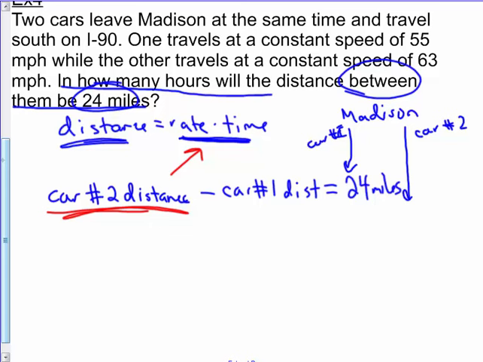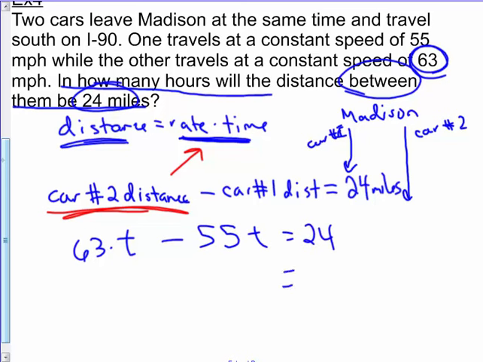So car number 2's distance is the rate times the time. Car number 2 is traveling at 63 miles an hour for how long? We don't know. That's what we're trying to figure out. Some amount of time. Car number 1 was traveling at 55 miles an hour for the same amount of time. It says they left at the same time. And it equals 24.